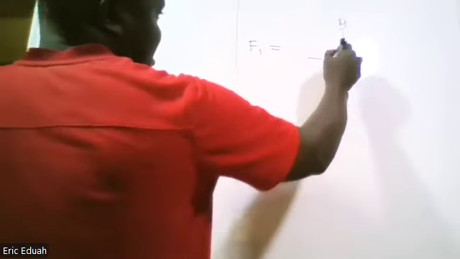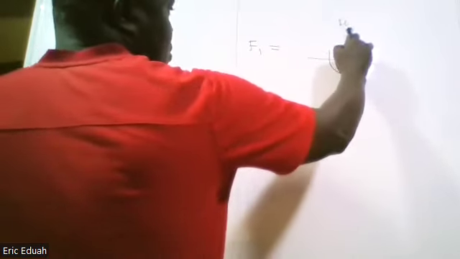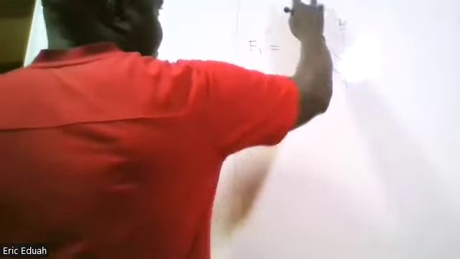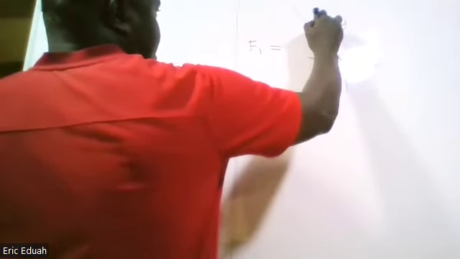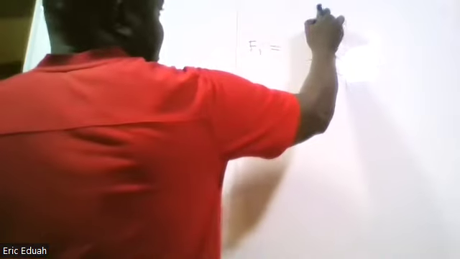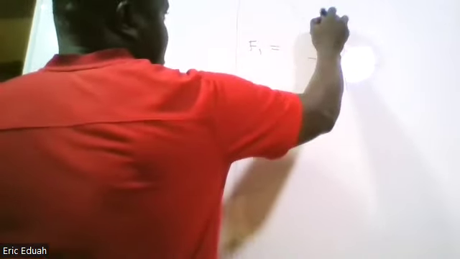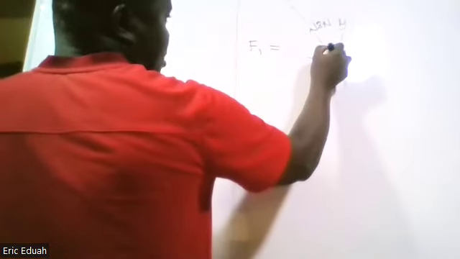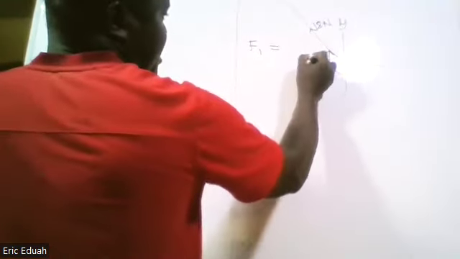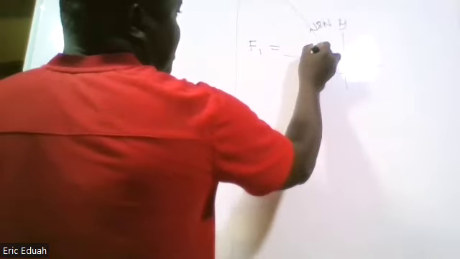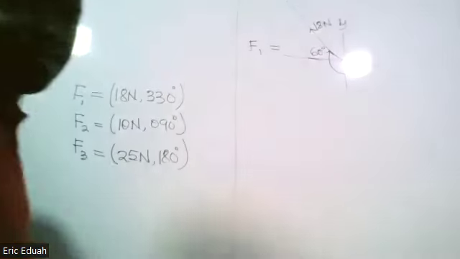this is 270 plus 60, which would usher me into 330, 18 Newton. So the angle to add to 270 is 60 degrees.